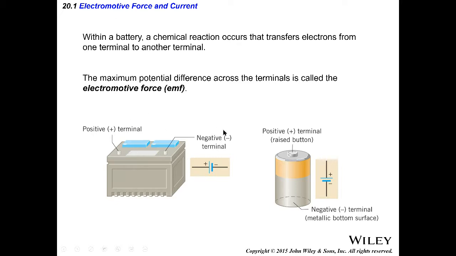Because in my wire there are lots of electrons. When you have positive charges on this side, the electrons from this side are attracted to you, so they will flow this way. But according to Ben Franklin's definition, it's a positive current that flows from positive terminal to negative terminal.